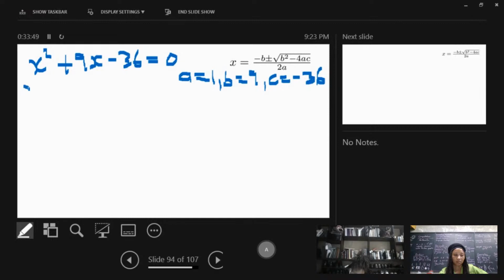So x is equal to negative 9 plus or minus the square root of 9 squared minus 4 times 1 times negative 36.